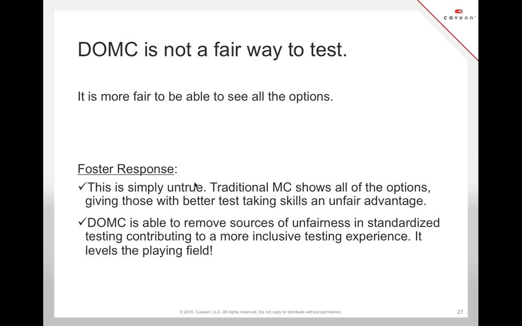It gives the person an advantage over someone that's either a bad test taker, new to testing, or the test is not in their language. And so it's estimated that someone with those skills can get a 10% higher score than someone without those skills. So what DoMC does is remove that source of unfairness.